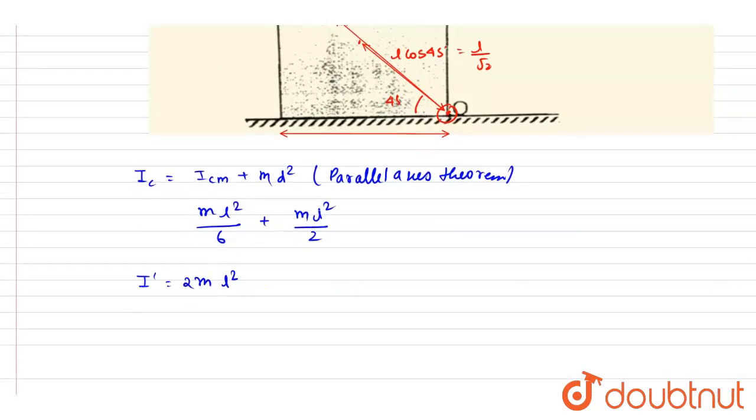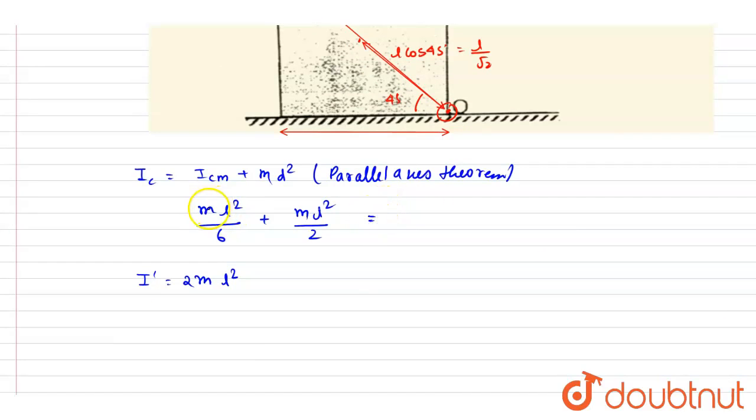So just add them. This is 1 by 6 plus 3 by 6, it is 4 by 6. And this is 12 by 6. So add them, you will get the net moment of inertia as 16 by 6, it is 8 by 3.